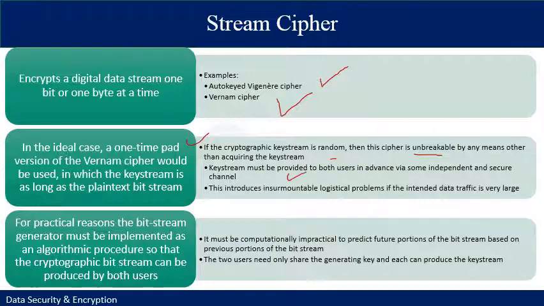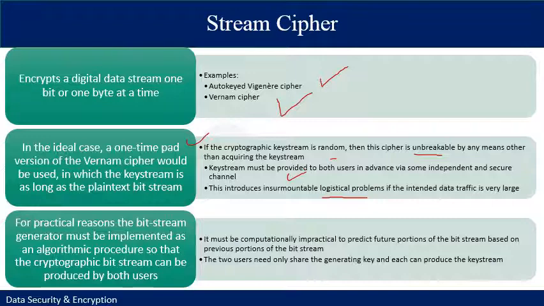So this was also a precondition, that the key must be transmitted to both users, and this was also a challenge in the implementation of the one-time pad version of the Vernam cipher, because it is very difficult to actually transfer the keys to the user where a huge amount of data is transferred. So this also introduces an insurmountable logistical problem, that is, the problem of distribution of the keys if the intended traffic is very large.